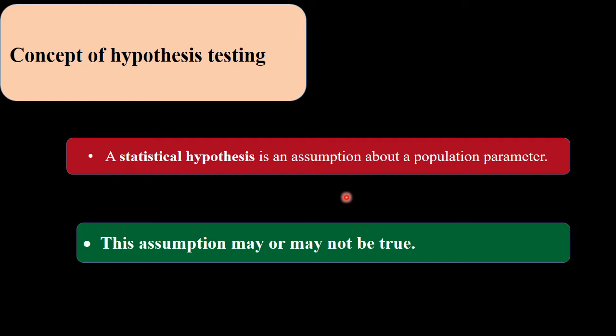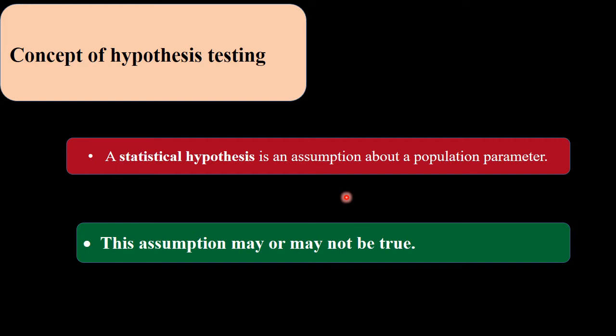Sometimes the research results may support the null hypothesis, or the research results may support the alternative hypothesis. If the alternative hypothesis is true, that is good for the researcher, because the researcher is doing the research to fill some gap.